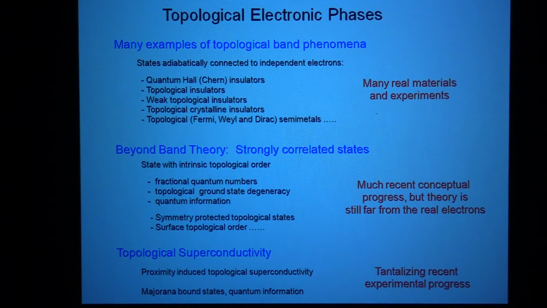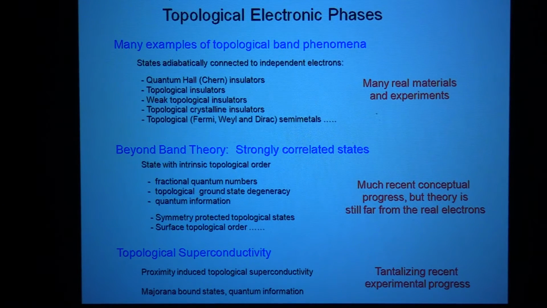At this point, the theoretical description that we have is still rather far from the original electrons. It's a more abstract description, and so bridging the gap between these more strongly correlated states and real materials is a tremendous challenge for physics.